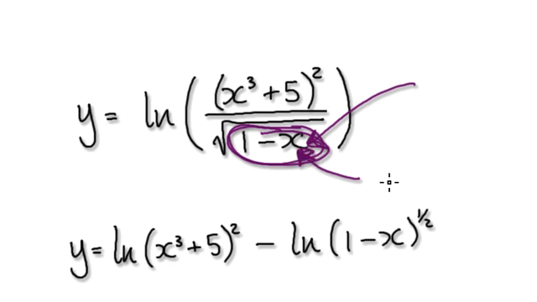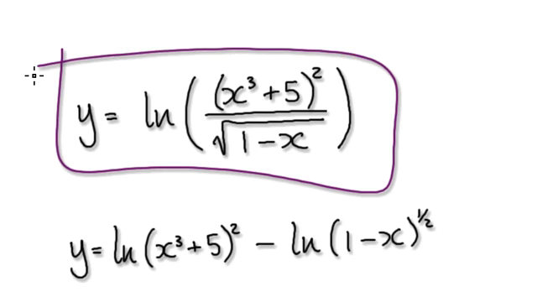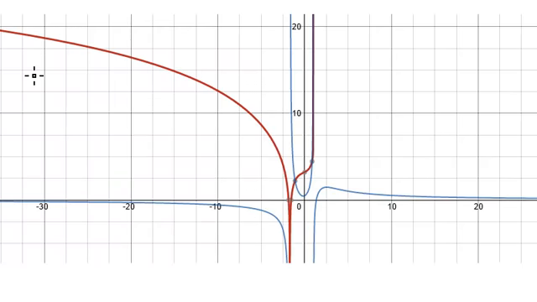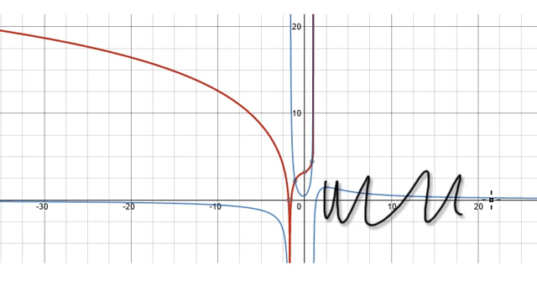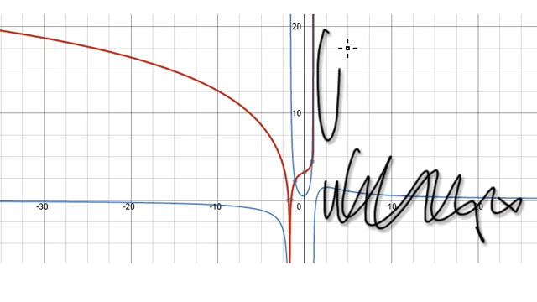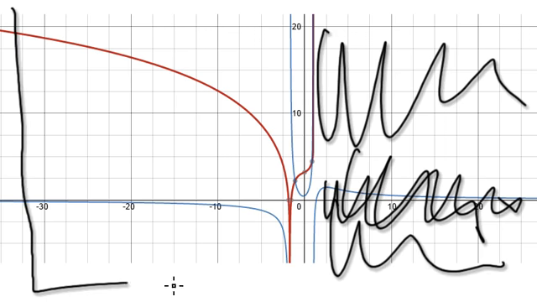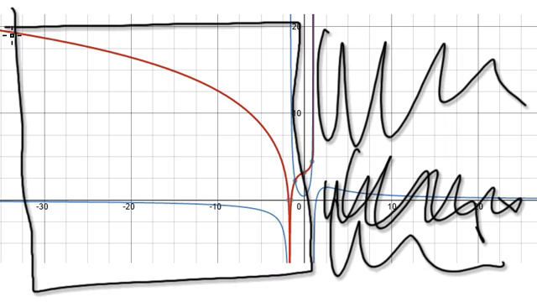Looking at the graph here, you can see that this here is not in our domain, so we can pretty much forget about this side of the graph. It makes sense when it's in the negative realm here.